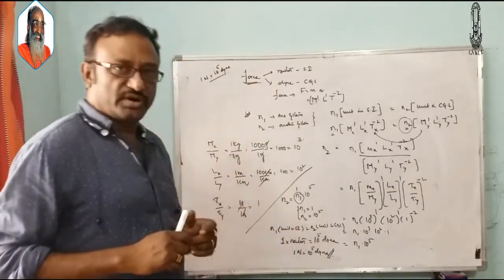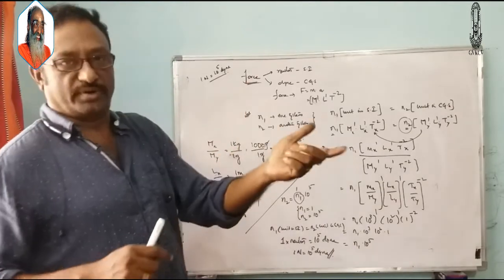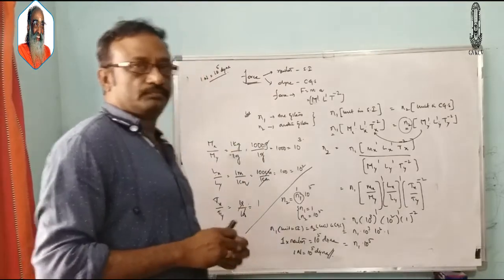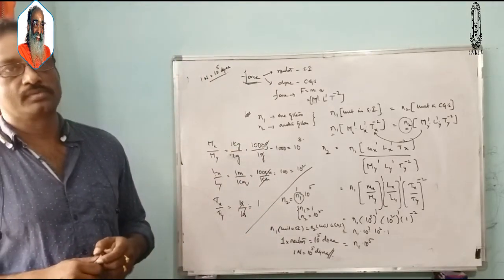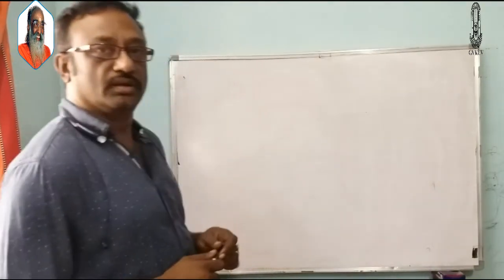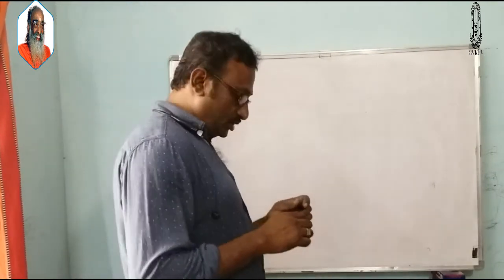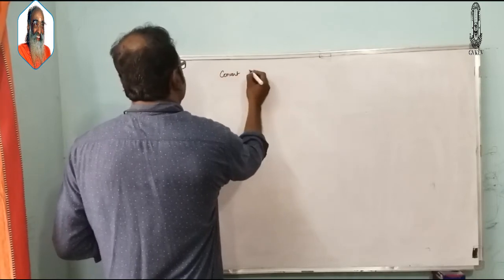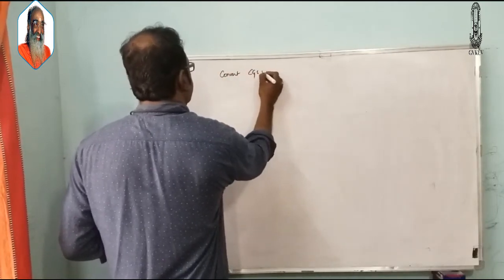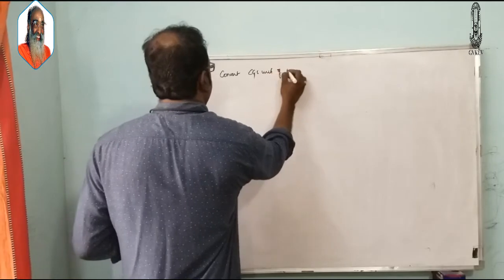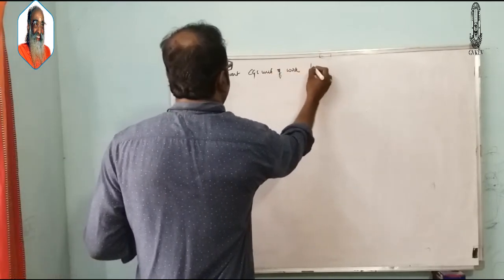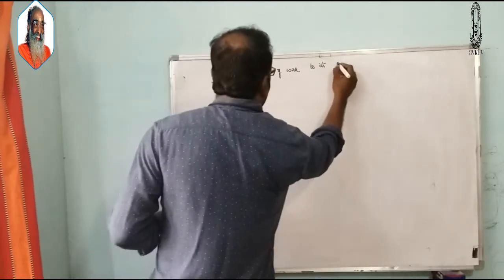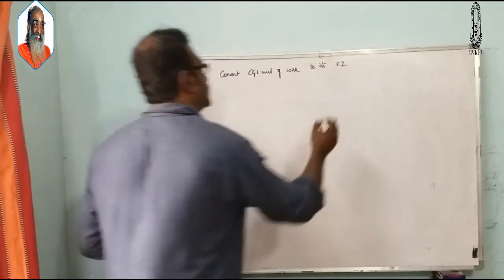Now pause the video and take a screenshot, and we'll go with one more example, taking one more physical quantity. Then the question is: convert the CGS unit of work to its SI unit.